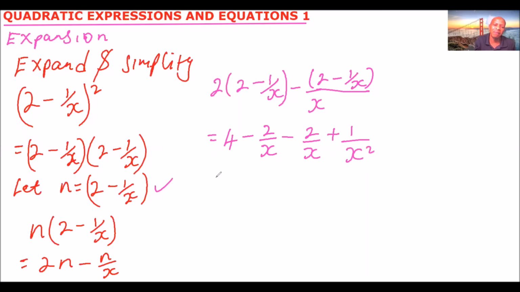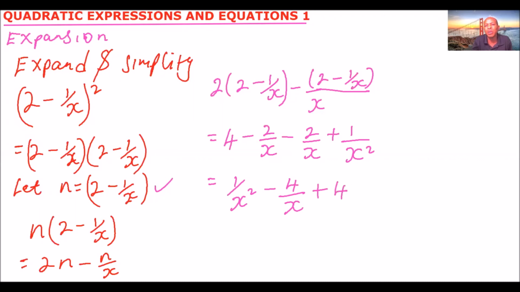So once we have that, we have said that we always start with the term with the highest power. So we start with 1 over x squared, then minus 2 over x minus 2 over x will be minus 4 over x, because x is the common denominator. Then we have plus 4.